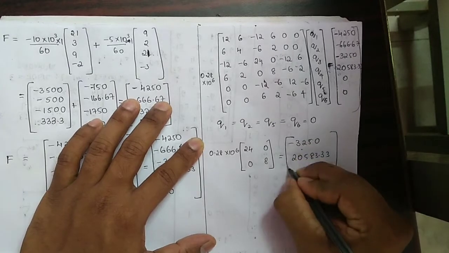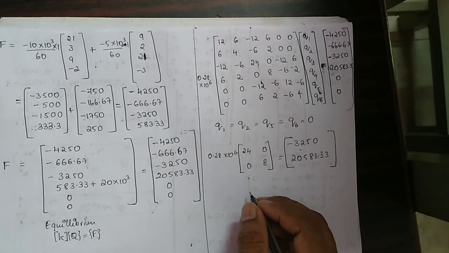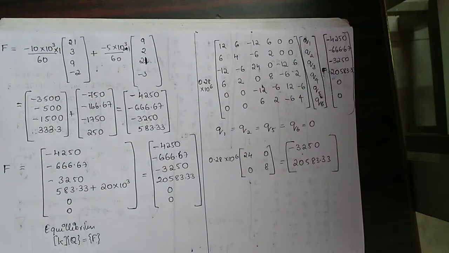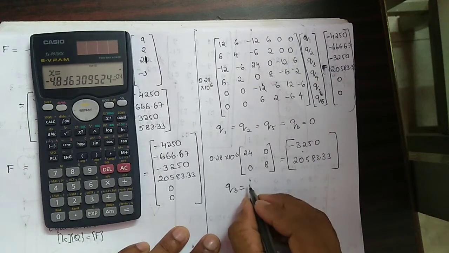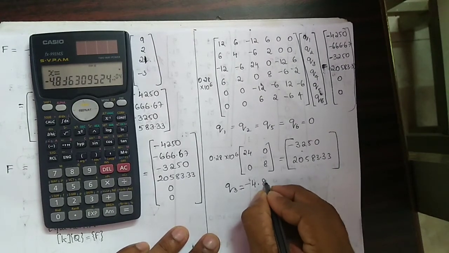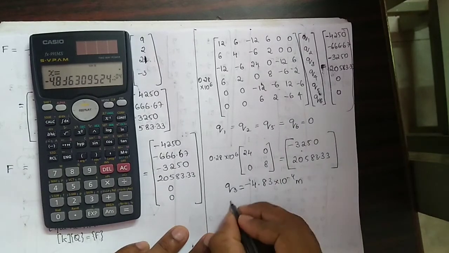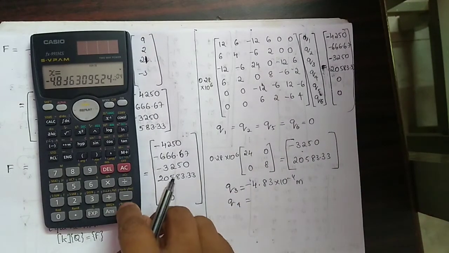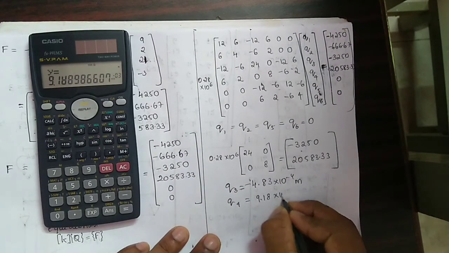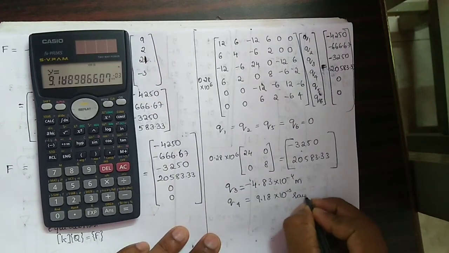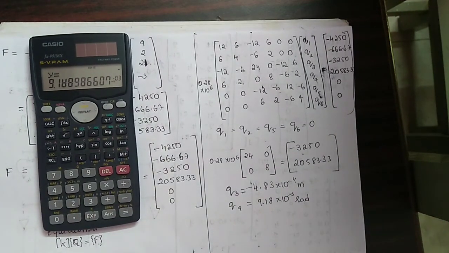You have to solve this using the equation solver in the calculator, and you will get two values of Q. So I have got two values: Q3 is minus 4.83 into 10 raised to minus 4 meter, and Q4 is 9.18 into 10 raised to minus 3 radians. These are the two Q values which we have found.